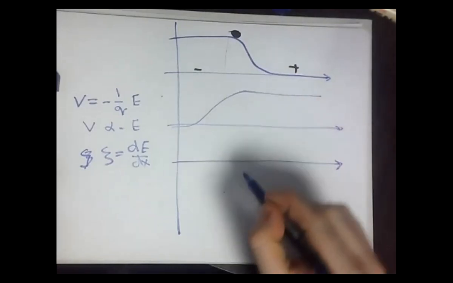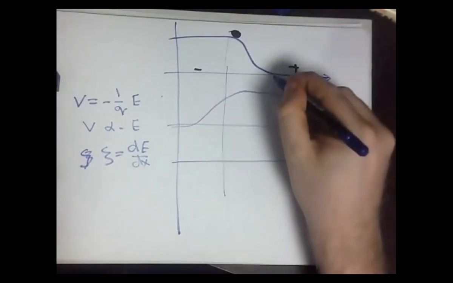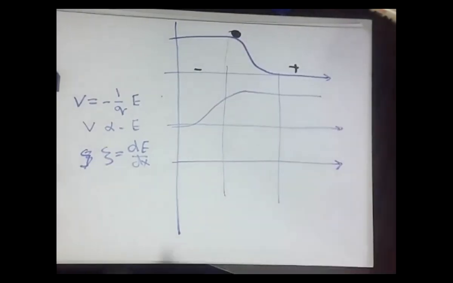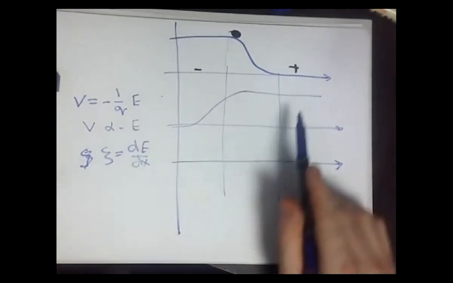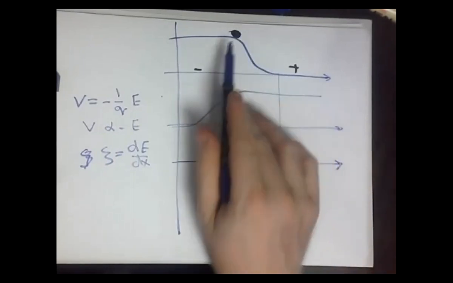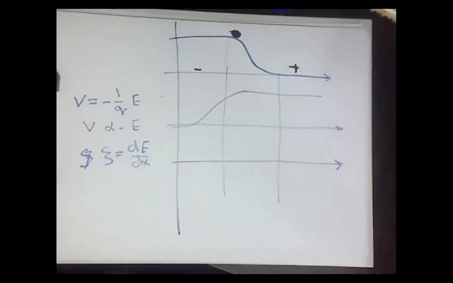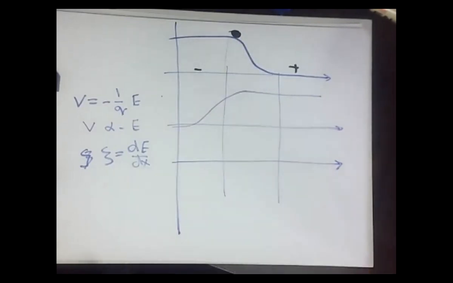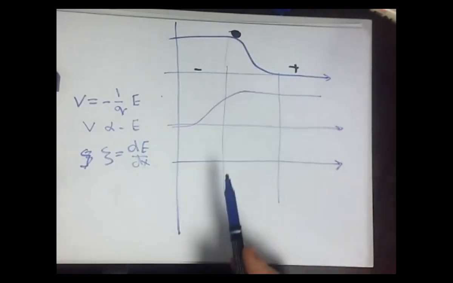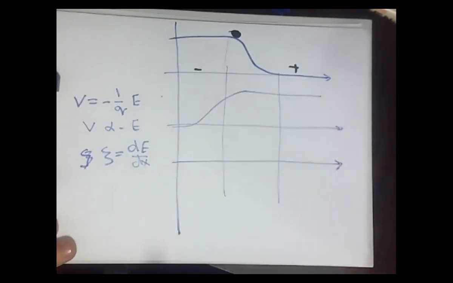Here, another region, and this. Why do I make this division? Because simply, here you have a constant, and here you have a constant, and in between you have a variation.